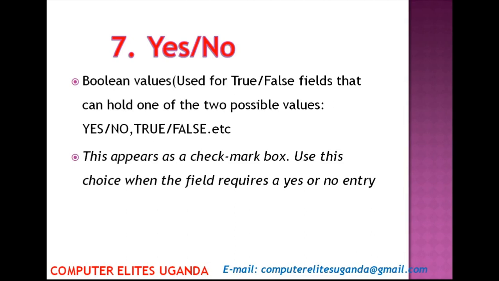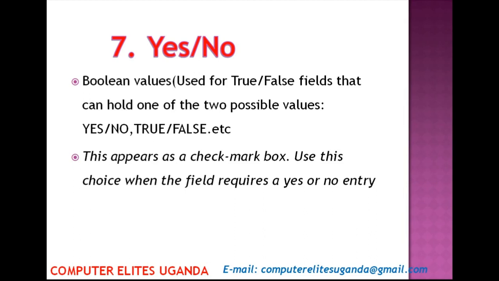It also appears as a check box, which one can use to select a choice when the field requires either an option of yes or no. So that is when we use the Boolean value, that is yes or no.